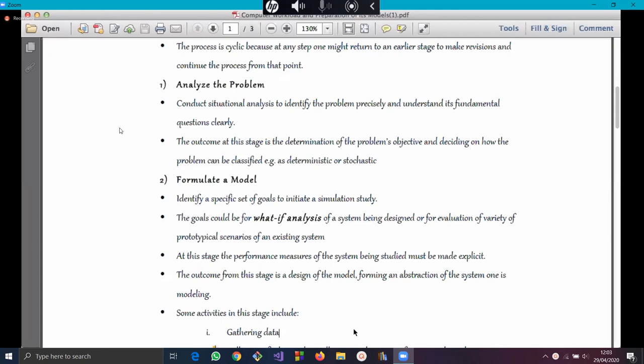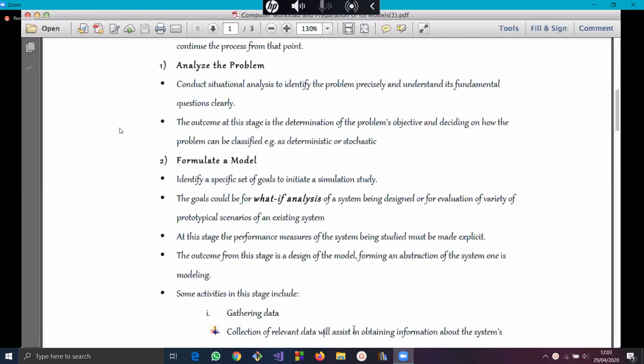The other activity you will do in this particular stage of formulating the model is gathering data. So in gathering data, you are actually collecting the relevant information.